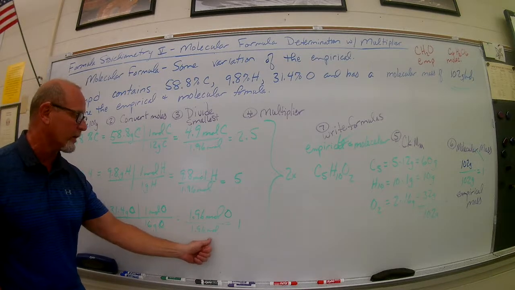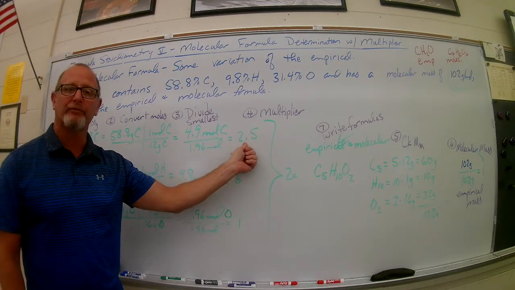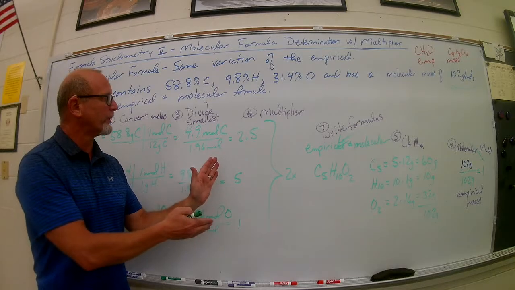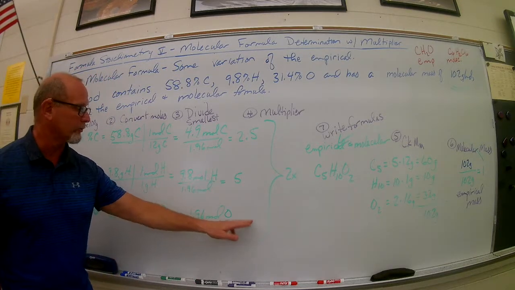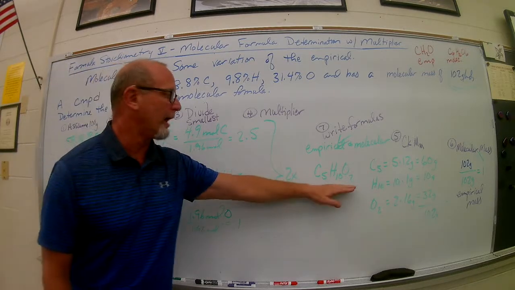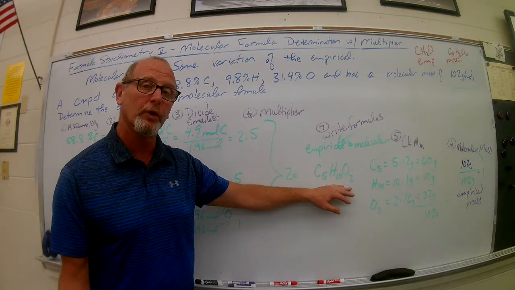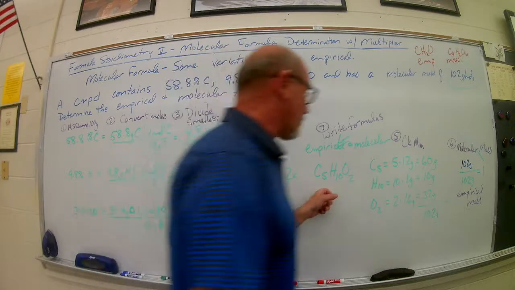So if I divide here, I get a 1 to 5 to 2.5 ratio. We got a half. We can't round that. Remember, we did this with an empirical formula. We multiply it out. So we multiply everything by 2, and we get an empirical formula of C5H10O2.